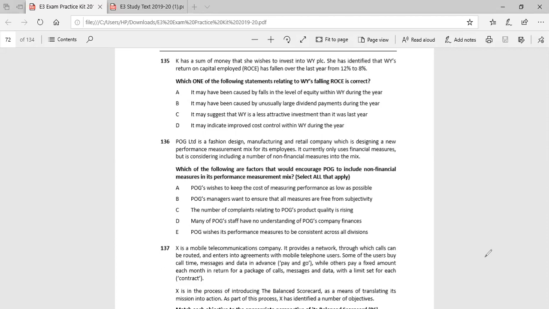POG Limited is a fashion design, manufacturing and retail company which is designing a new performance measurement mix for its employees. Option B says that POG wishes to keep the cost of measuring performance as low as possible.